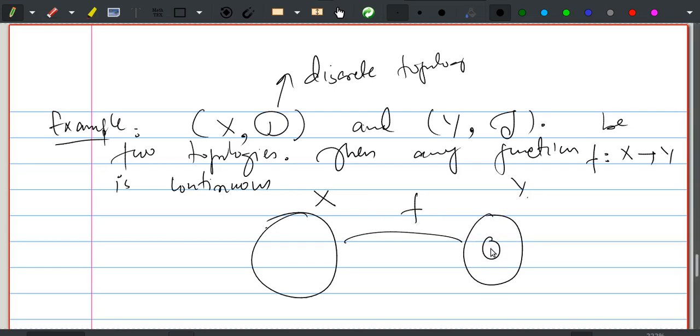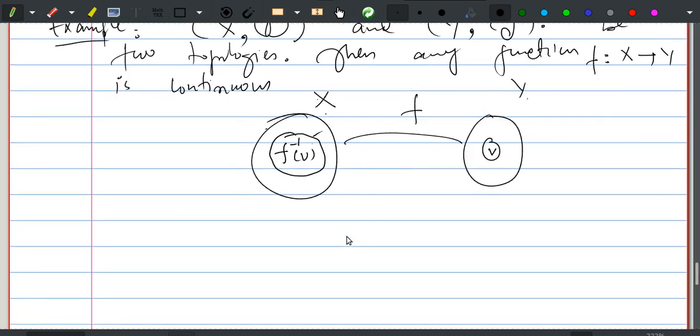So let us pick an open set, say V in Y, and let us look at its inverse image, that will be f inverse V, which will be a subset of X. But X is equipped with the discrete topology, and that means any subset of X is an open subset. So f inverse V being a subset of X, hence it is an open subset. So this means this is a continuous function.